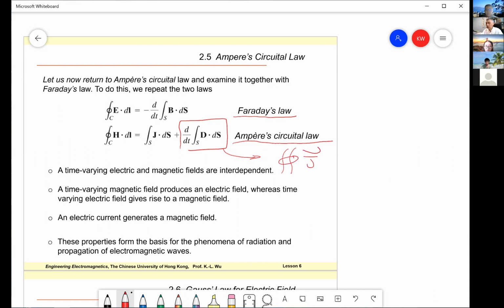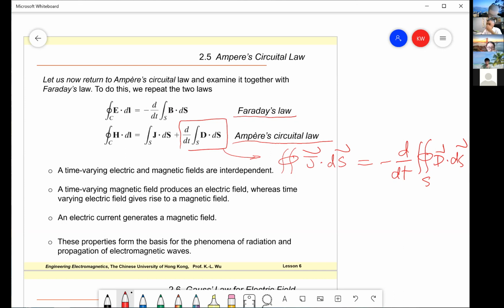If we have a closed surface, then we have a current integration of current density, right? So the flux of the current goes into the surface from one part and goes out from another part of the surface, so this equals the flux of the electric flux density, right?